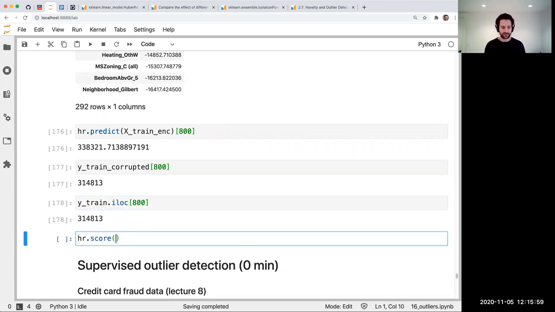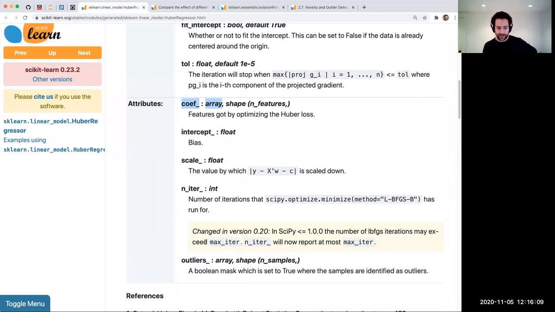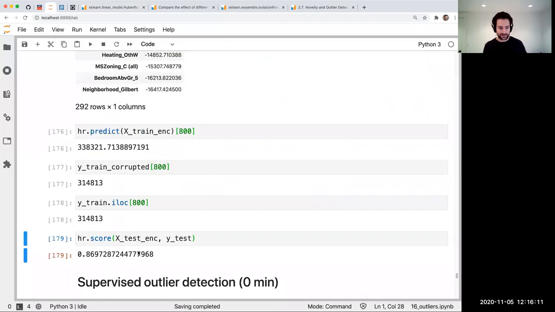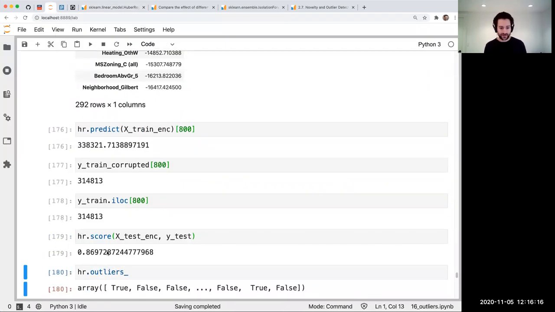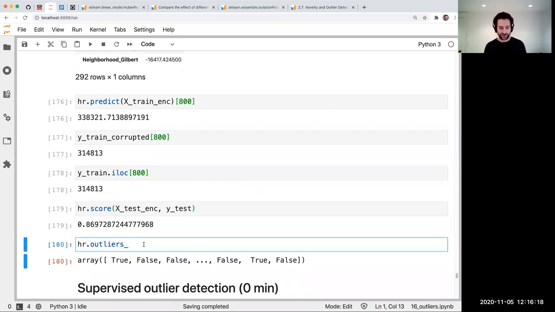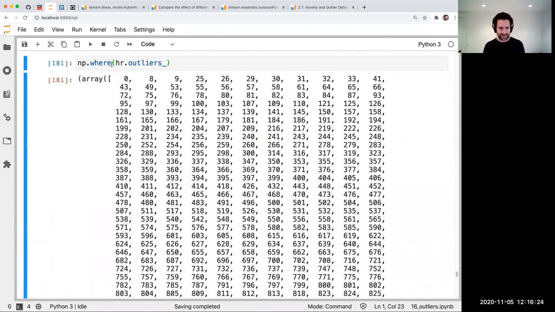So I can also do, and you do find the test data. So the Huber basically doesn't get super messed up, and outliers underscore. So hr.outliers underscore tells you which ones it thought were the outliers, and that doesn't look right to me at all.